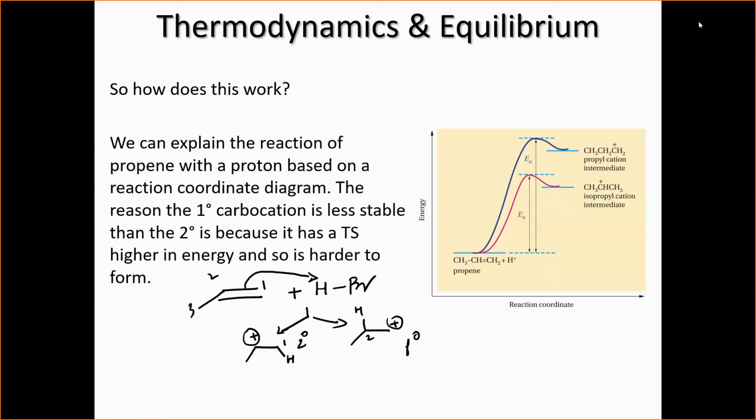Now use your logic. What do you mean by stable? Stable means low energy. Does it make sense? If something is unstable, it has high energy. When somebody wants to punch somebody, what happens in your body?